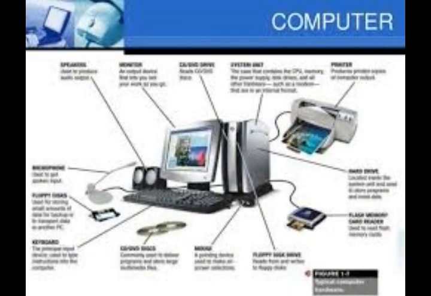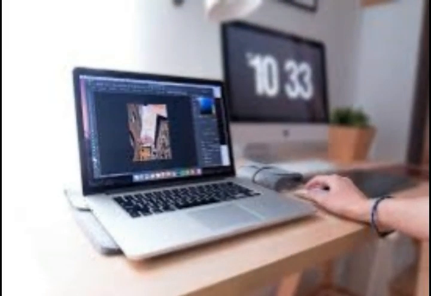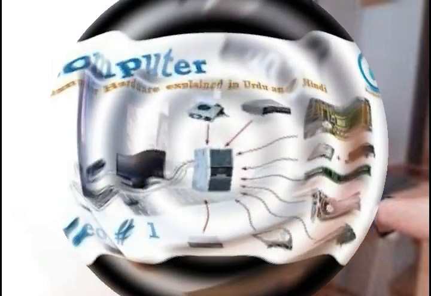Q. Explain types of computer on the basis of functionality. According to functionality, computers can be divided into 3 types: 1. Analog, 2. Digital, 3. Hybrid. Analog computers.